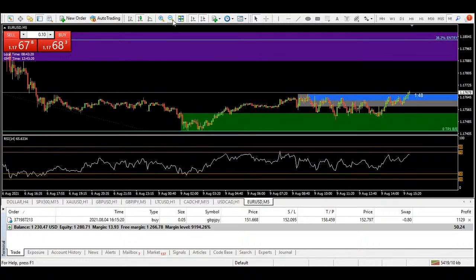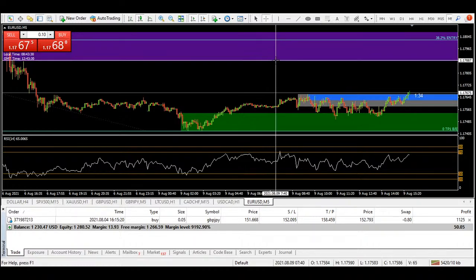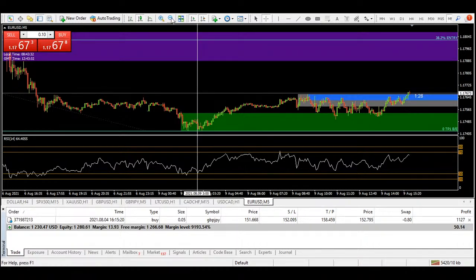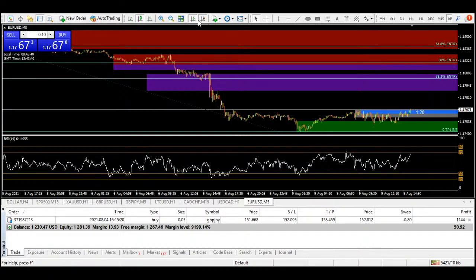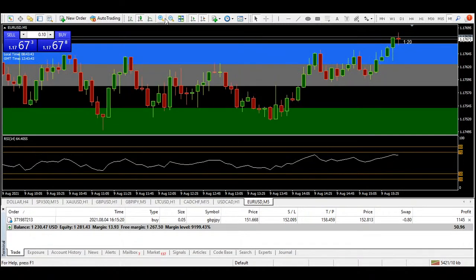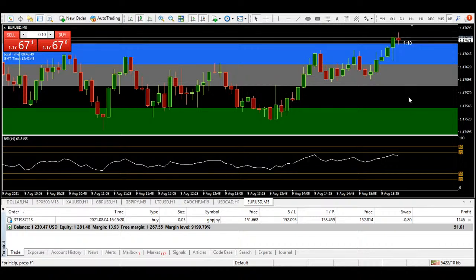So we have definitely broken through the last highs on the 5 minute, and let's see. In this first 4-hour candle imbalance, that's a whole 40 pip profit range. See, we weren't in the zone.